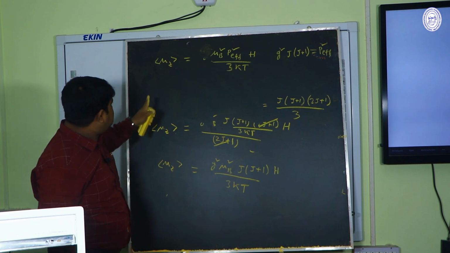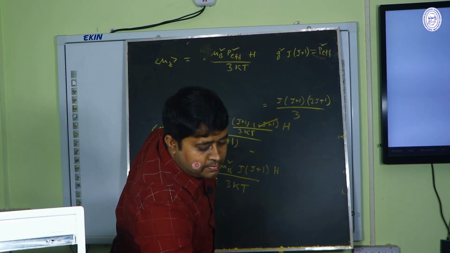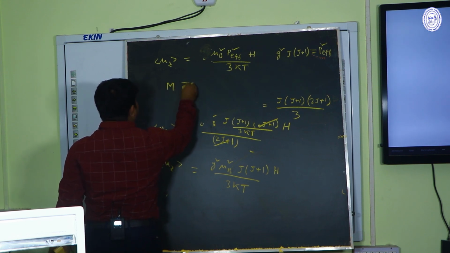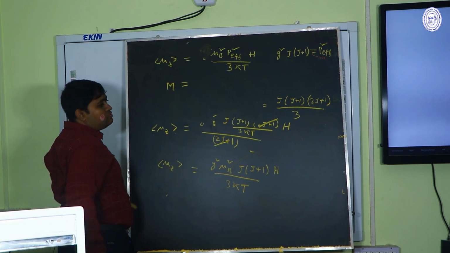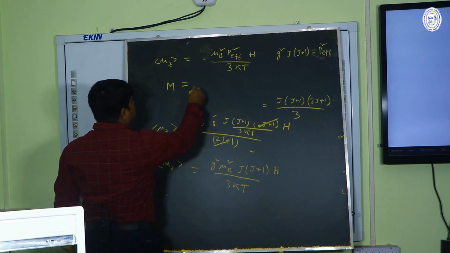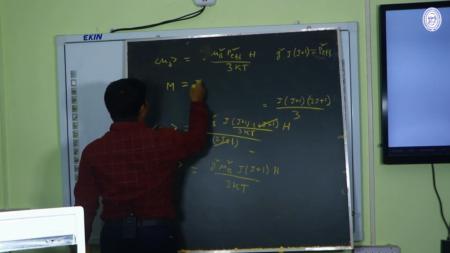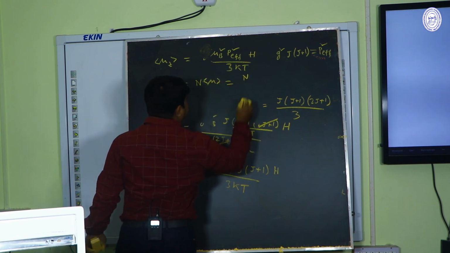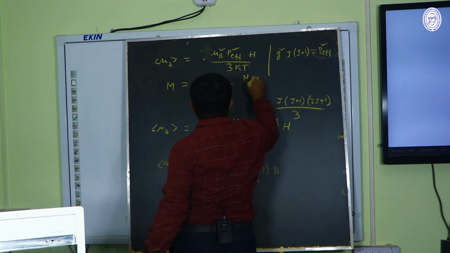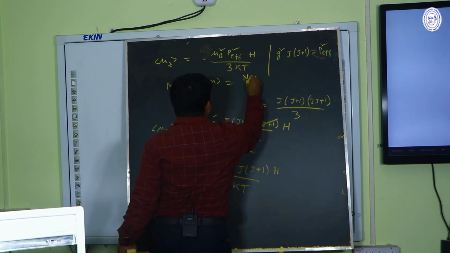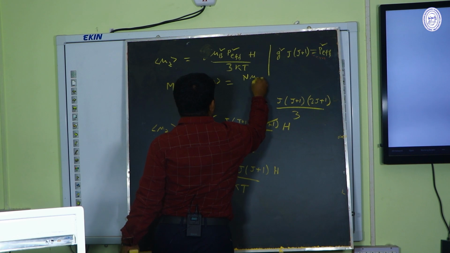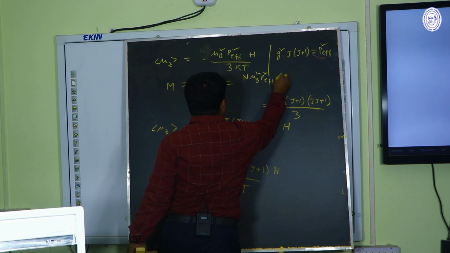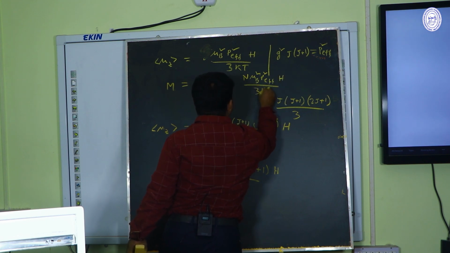So the total magnetization of a paramagnetic substance M is equal to the average magnetic dipole moment into the total number of dipoles, that is n into mu average, which is n mu b square p effective square H by 3 kT.